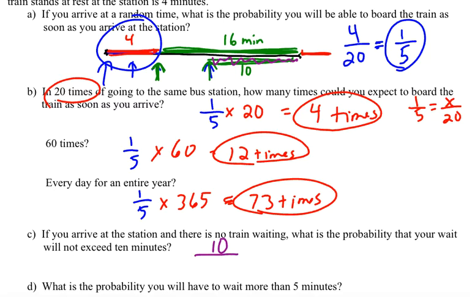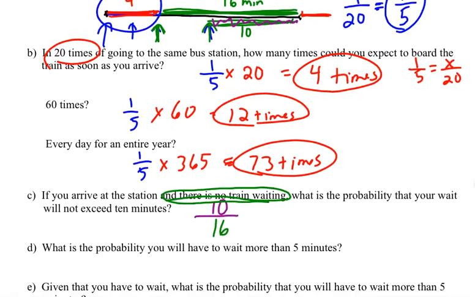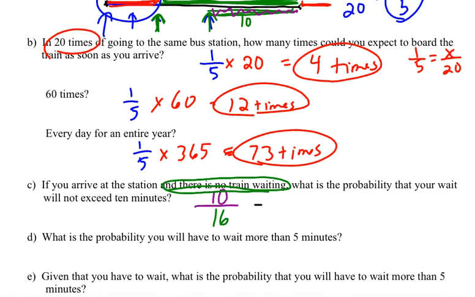My total becomes the 16, not the 20, because I'm told that there is no train waiting. I didn't mean to cross that out, I meant to highlight it. There is no train waiting, so I know that I'm not including the 4. So the correct answer there is going to be 3 out of 5. Not 3 out of 5. I can't read these fractions. Let's try 5 out of 8. That better?